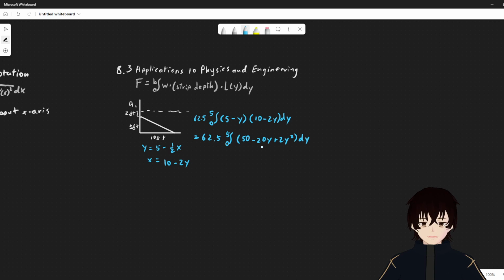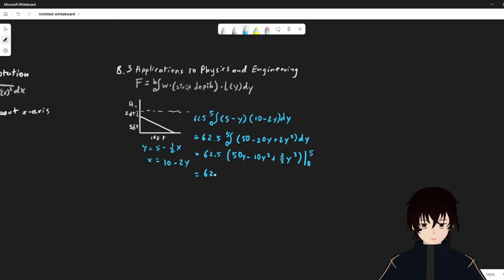Double check. Yeah, I think that's right. So that's equal to 62.5 times 50y minus 10y squared plus 2 over 3 y to the power of 3 from 0 to 5.